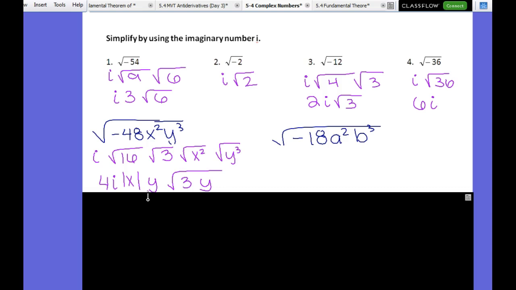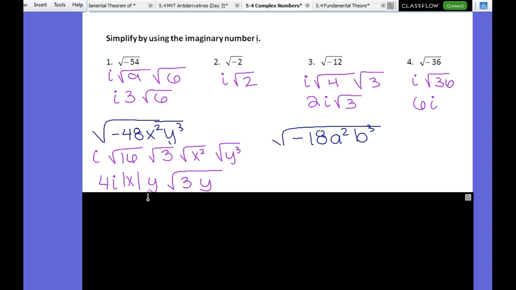Yes? I probably never wrote the i before the 3. Because I was making the point that the order doesn't matter. I'd say it looks gross, but the point is that multiplication is commutative, so that's why I put the i here.